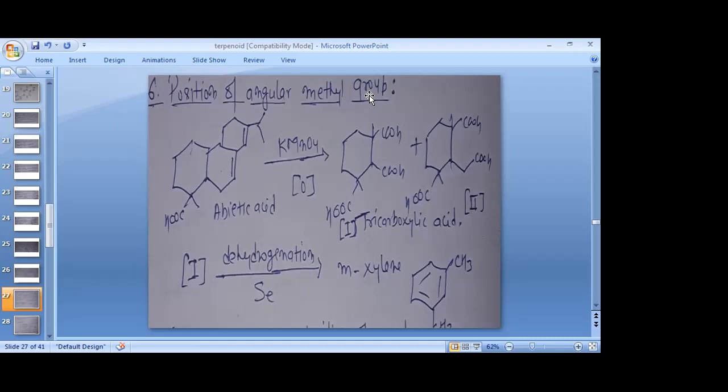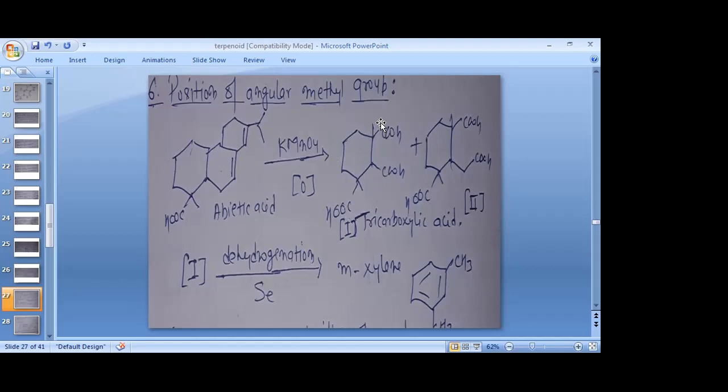How do we confirm the position of the angular methyl group at the 10th position? For that we need to give some reactions. You can see here abietic acid, when oxidized by potassium permanganate, KMnO4. Potassium permanganate is a strong oxidizing agent that releases nascent oxygen. So when abietic acid is oxidized by potassium permanganate, it converts into two tricarboxylic acids.